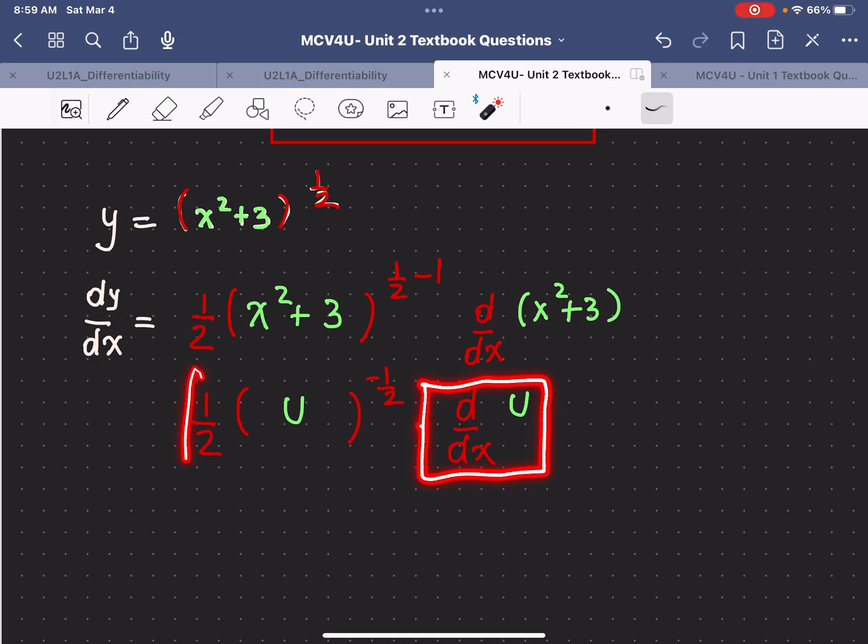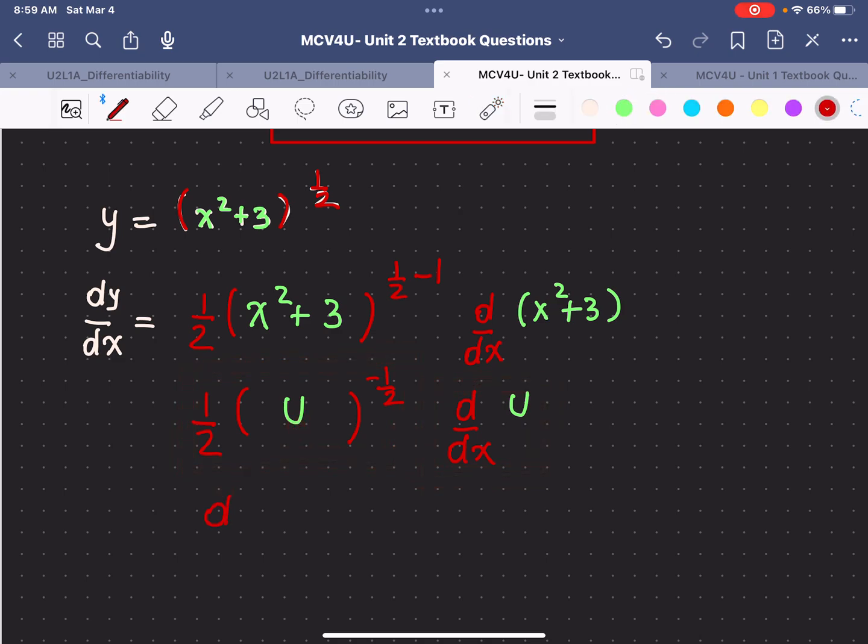And what we do see in here is simply the derivative of y in terms of u. So we can rewrite this as dy/du. And this will multiply du/dx. Let's be consistent with our colors here.